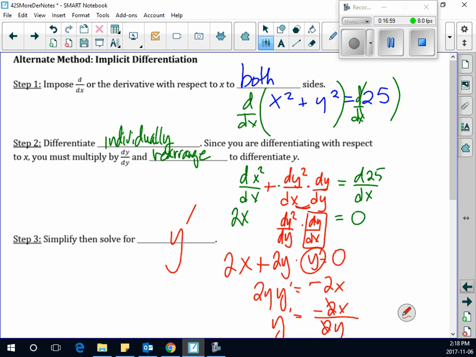But does everybody see I could go directly from this step to this step if you know exactly what to do? Watch this. What's the derivative of x squared? 2x. What's the derivative of y squared? 2y with an extra y prime. Why is it extra y prime?